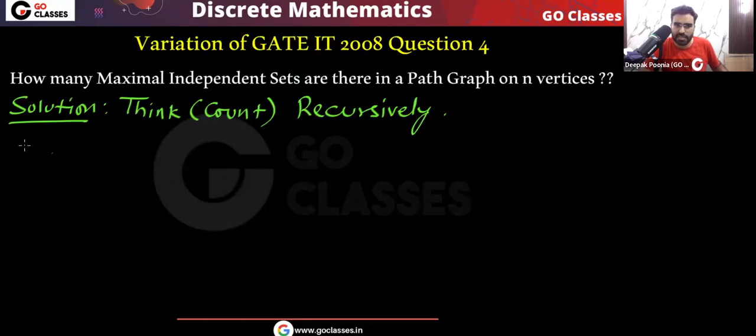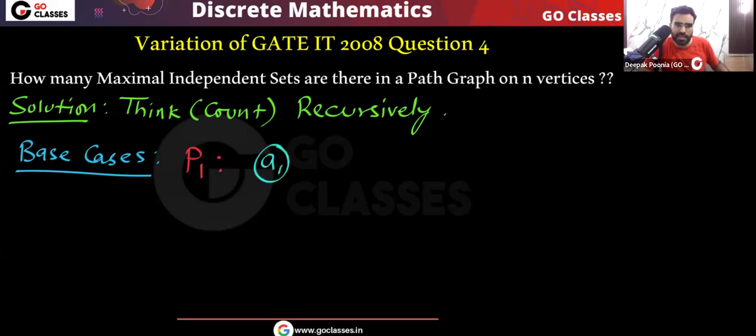Now, what are the base cases? Whenever you are thinking recursively, there must be some base cases. For example, if you have path graph on just one vertex like A1, then what will be the number of maximal independent sets?